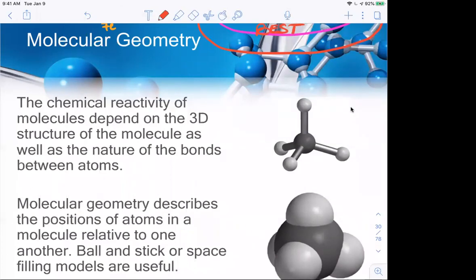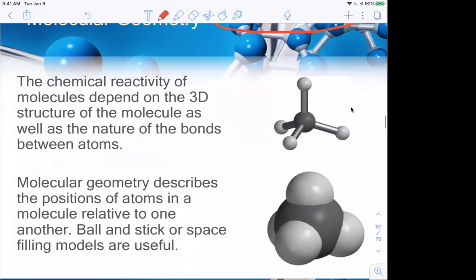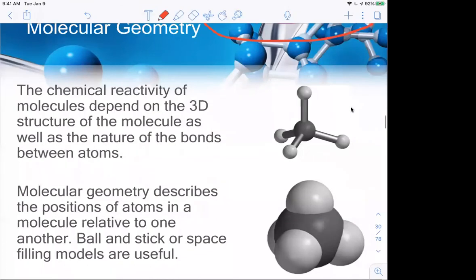So remember that the chemical reactivity of molecules depends on the three-dimensional structure of the molecules as well as the nature of the bonds between atoms. Structure actually is equal to function.